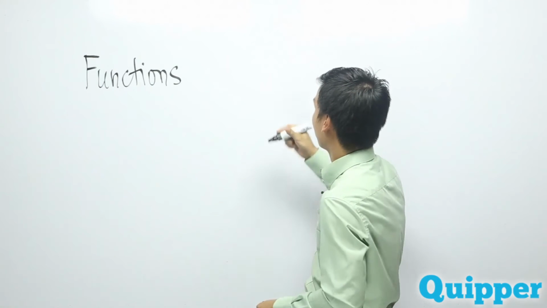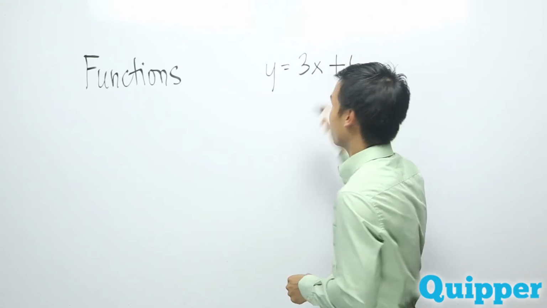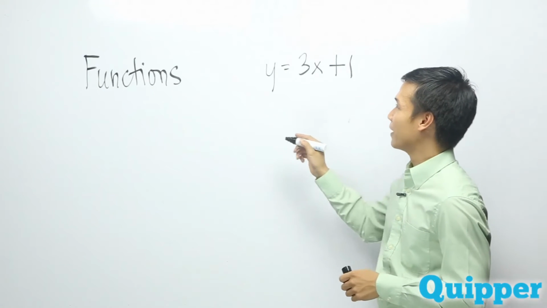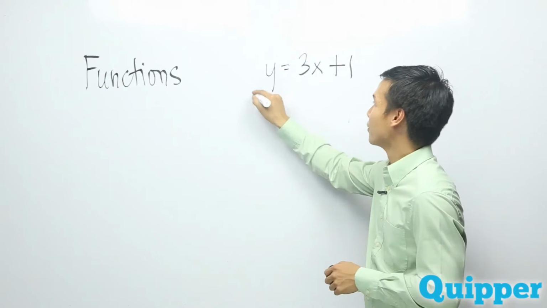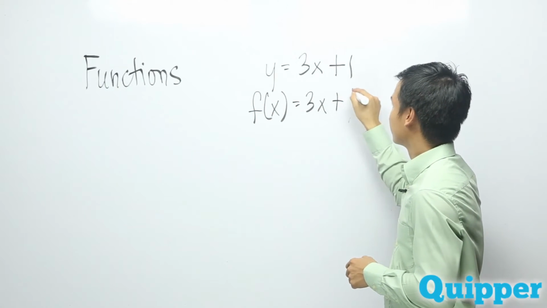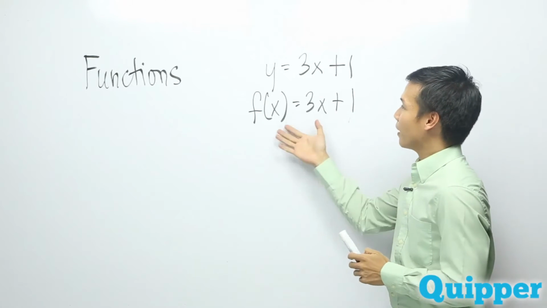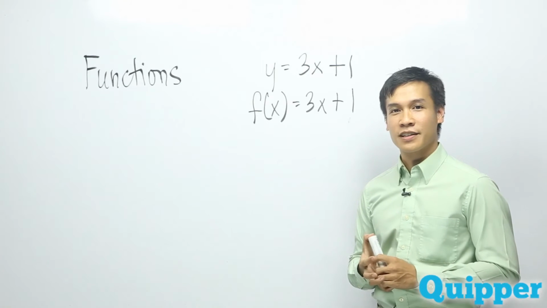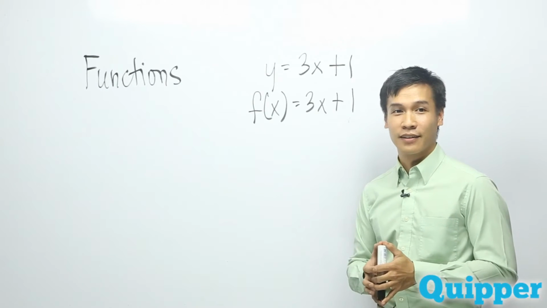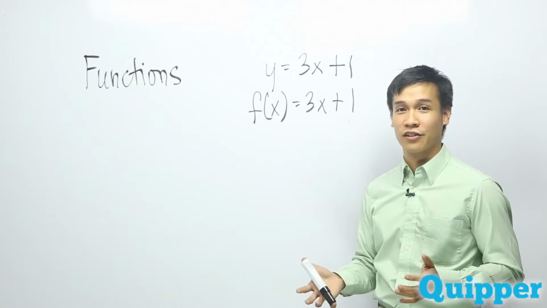So this is what you call a function. Let's take, for example, this equation. Y is equal to 3x plus 1. This function can now be interpreted as no longer y, but also an f of x. Then your books or your teachers could also be showing you other ways by which a function could be represented. This is one example of a functional notation.